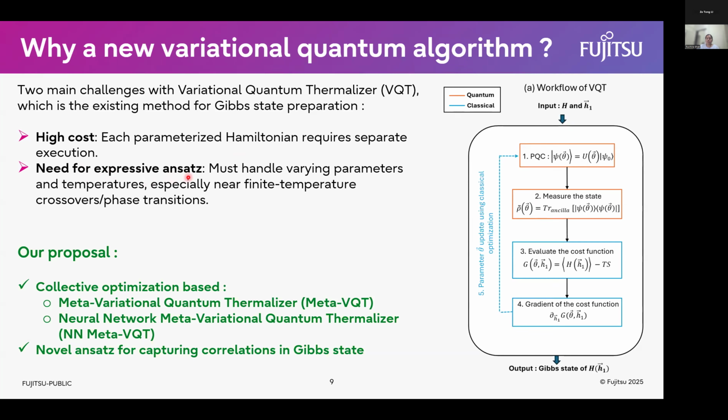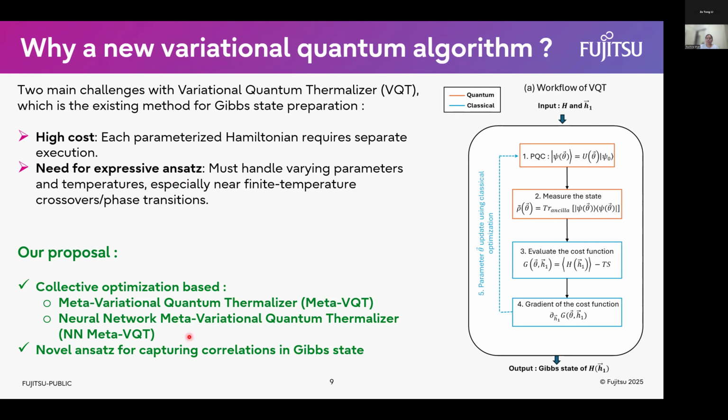To address these two challenges, we propose two algorithms based on collective optimization. One is a fully parameterized quantum circuit based model known as the meta-variational quantum thermalizer.